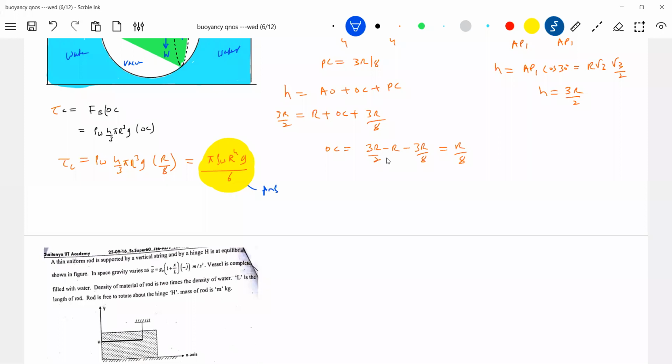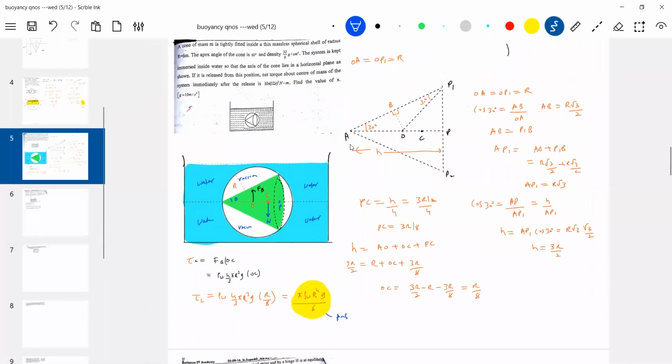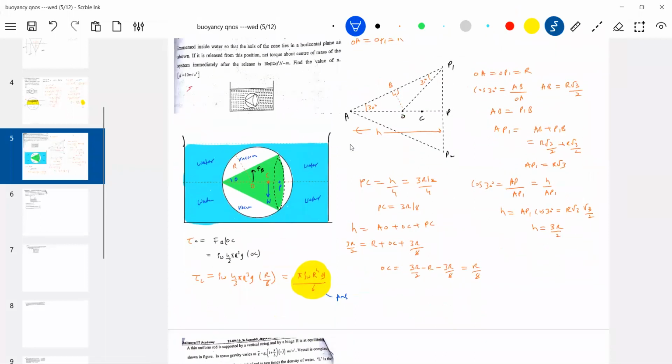I'll show the total question. So what all we did: some mathematics. The buoyant force acts at the center of buoyancy. So what is O? O is the center of buoyancy, and C is the center of gravity.